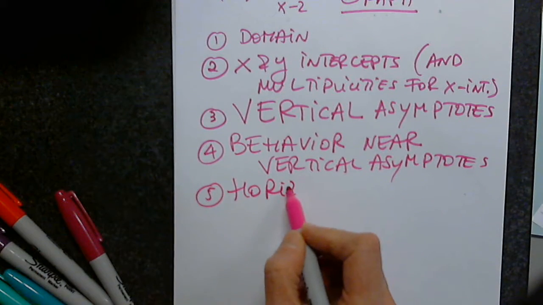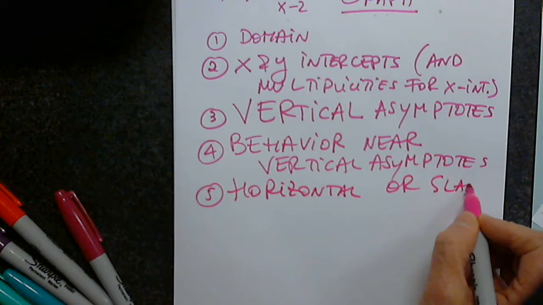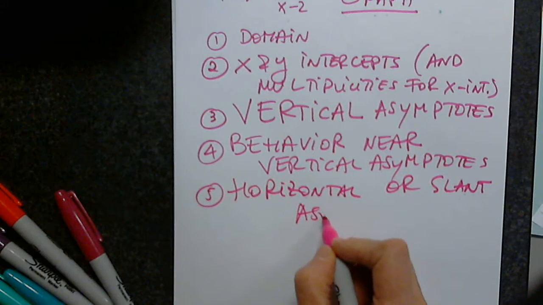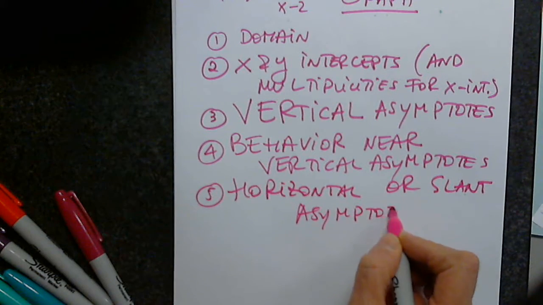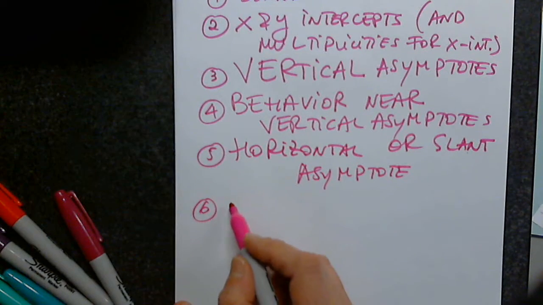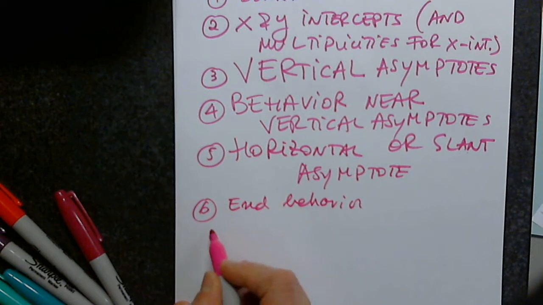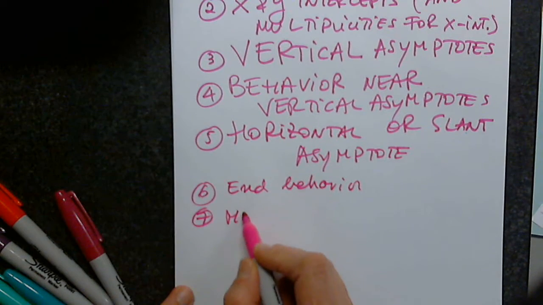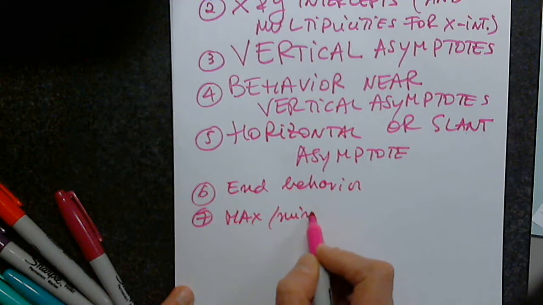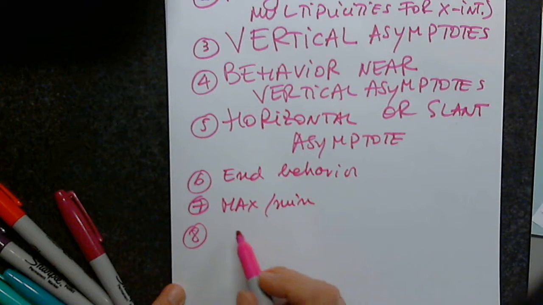Horizontal or slant asymptote. 6 we've seen before, end behavior. 7 we've seen before, max or min. 8 we've seen before, symmetry.